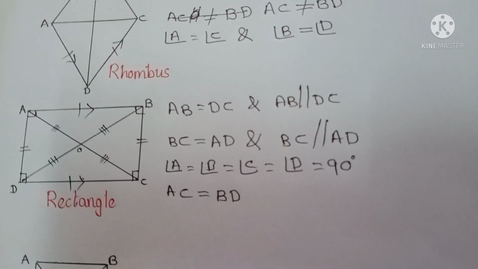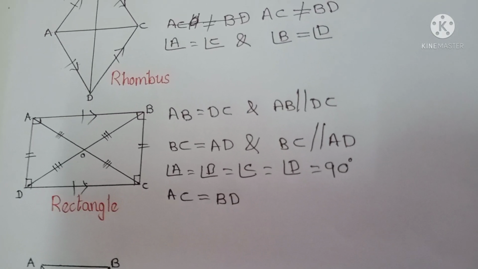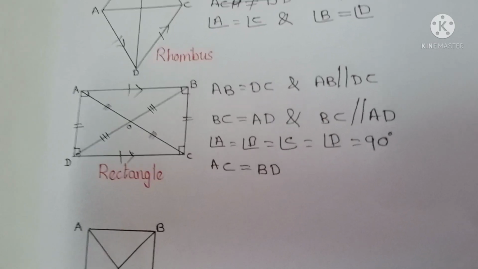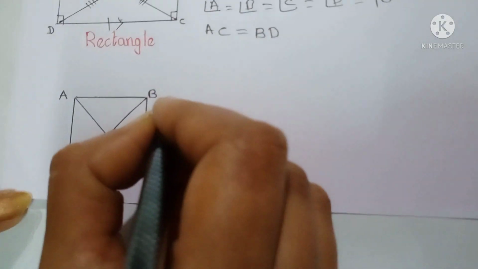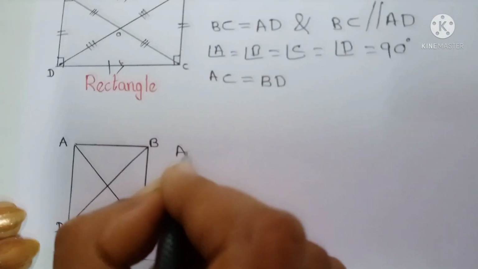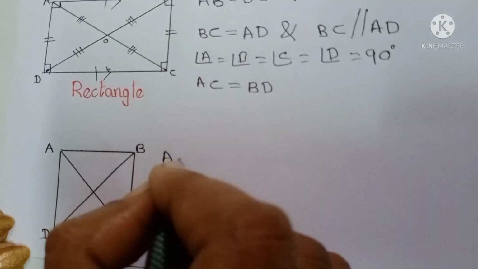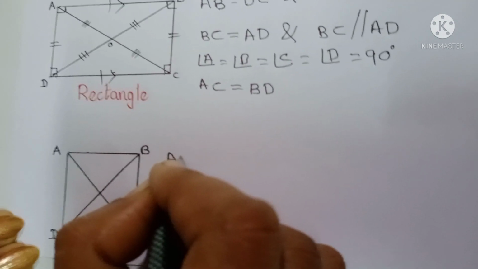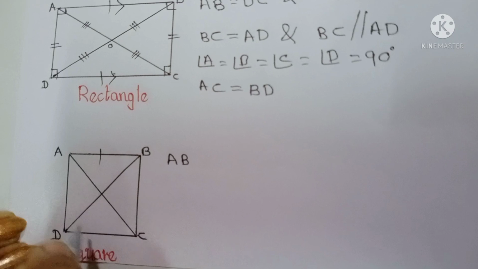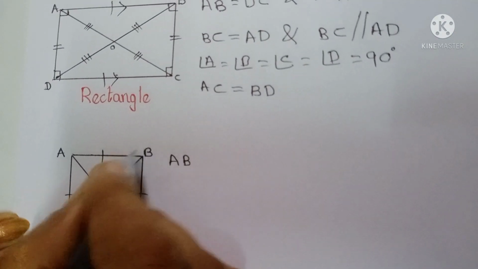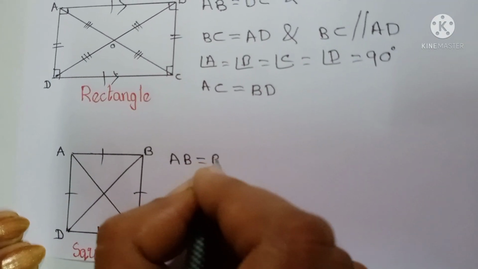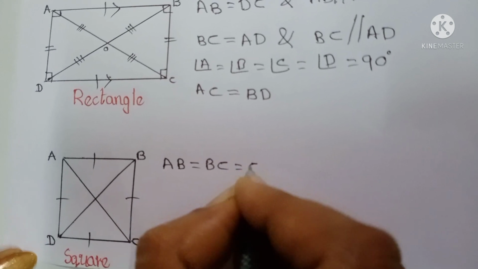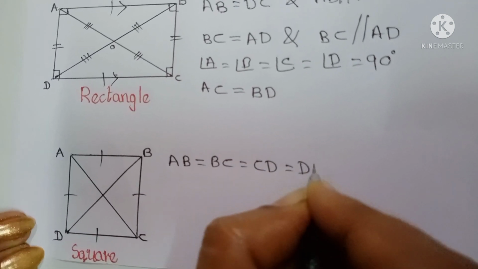Next, square. In a square, all sides are equal and angles are 90. AB is equal to BC is equal to CD is equal to DA.